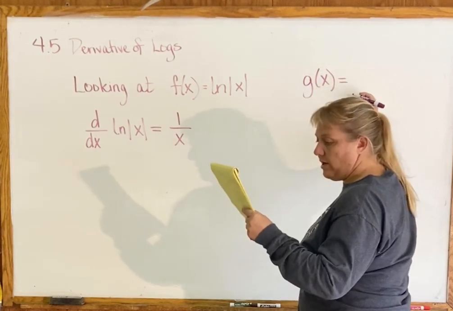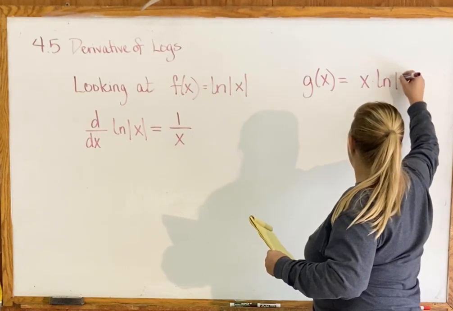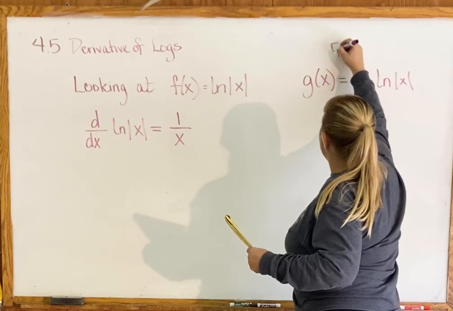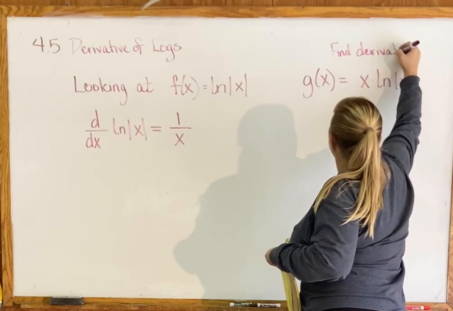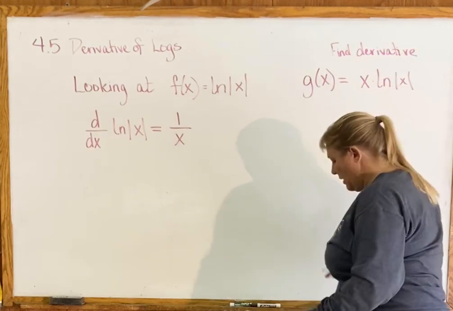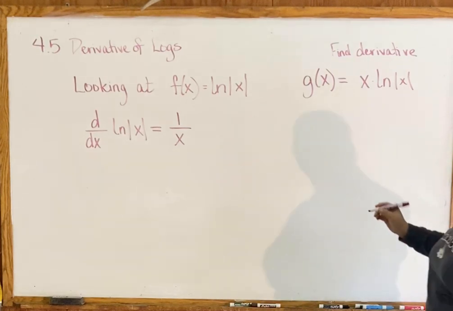So let's say that g of x was x times the ln of x, and we want to find the derivative. So not just ln of x, but we've got the product rule going on there. Like I said, this is definitely the way you're going to see this.